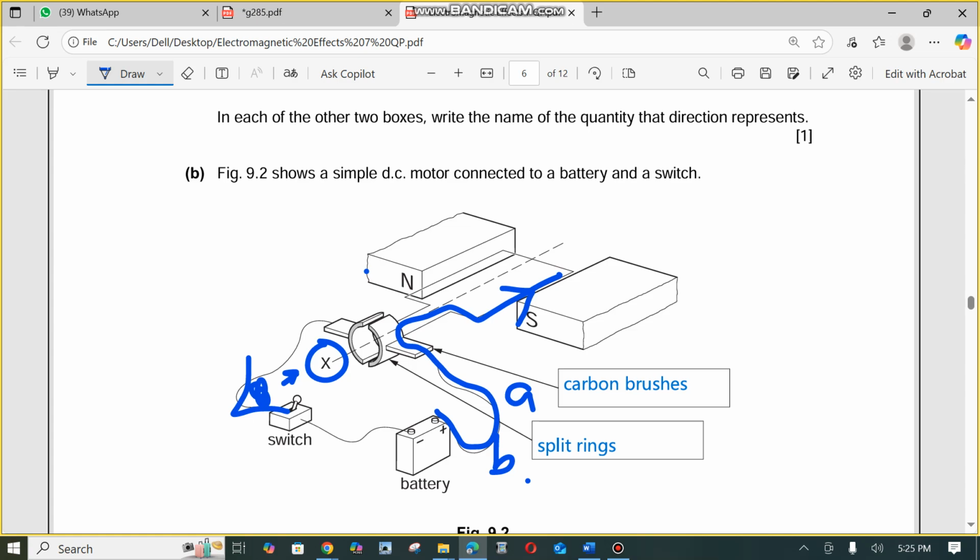Using the left hand rule, you first keep it like this. Current is in the direction of the blue arrow. The field has to be arranged keeping the current the same. So on this side the thumb shows that it's going down, which means it rotates in the clockwise direction as seen from X.